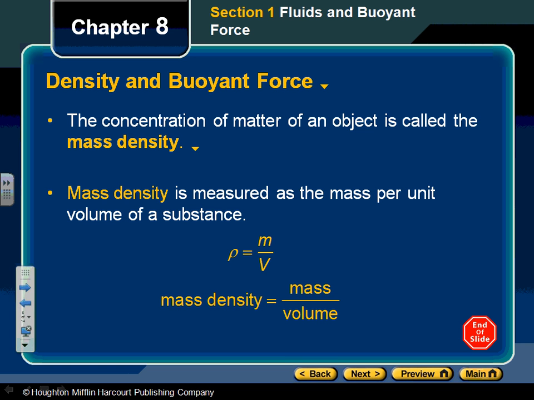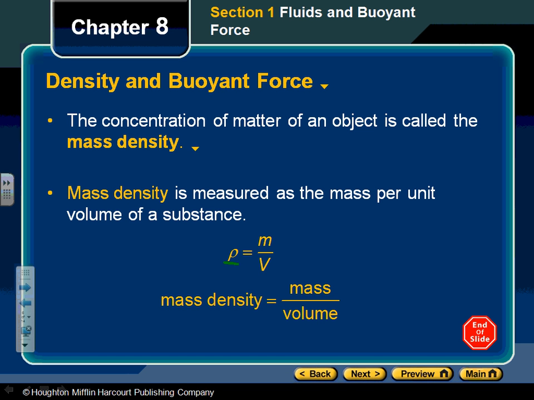Okay, so density and buoyant force. Again, density is just how much matter there is in a certain space. Mass density is a more scientific term for that. Our equation for mass density, or density as I will call it, uses this goofy little symbol here, which is called rho. That is rho.